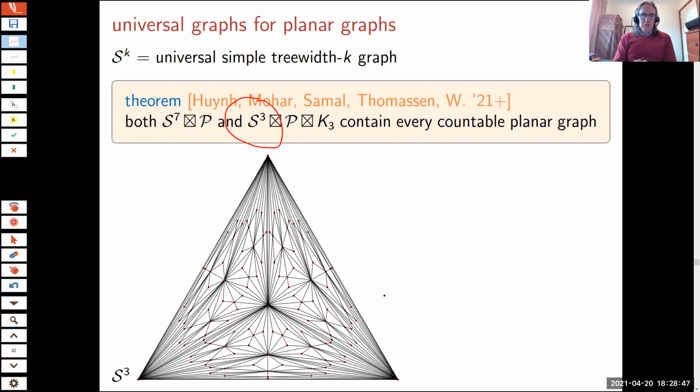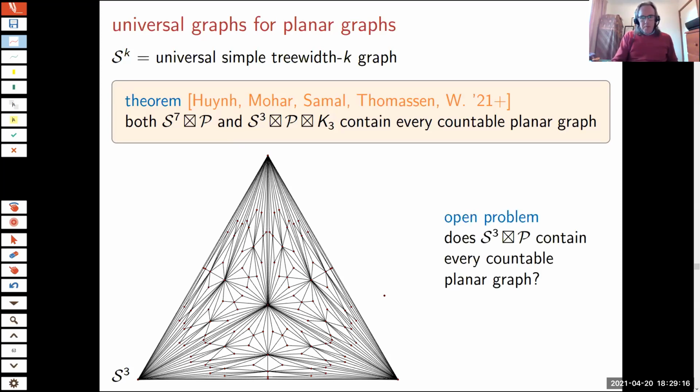That's the universal graph for simple tree width 3, and that appears as the starting point of our universal graph for all planar graphs. So you take S3 that's shown here, times it by this path that sort of comes out of the screen, if you like, and then you take 3 copies of it, and you multiply that by the triangle, and you get a graph that contains every planar graph.